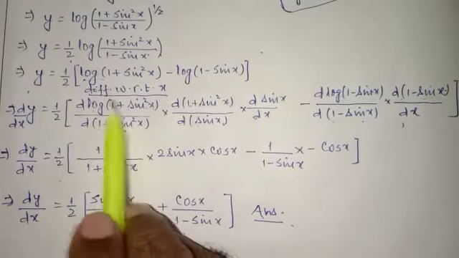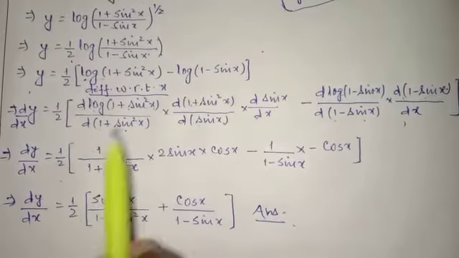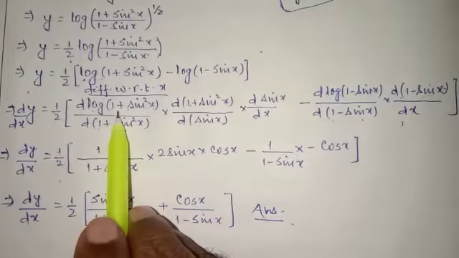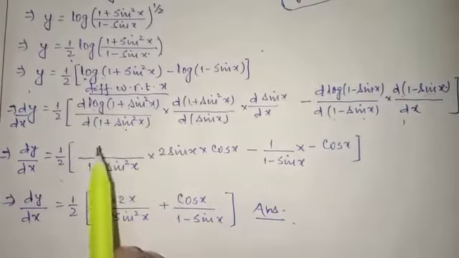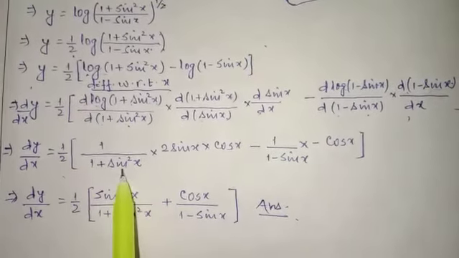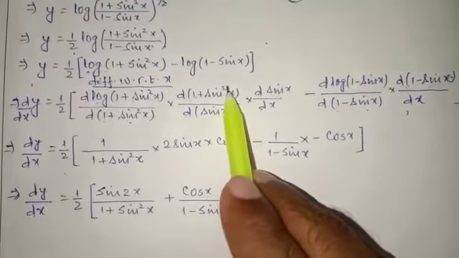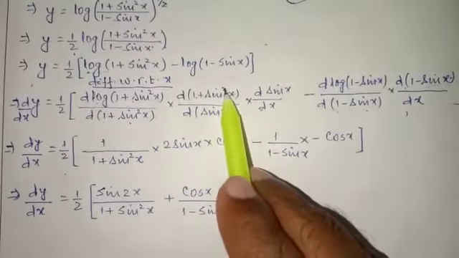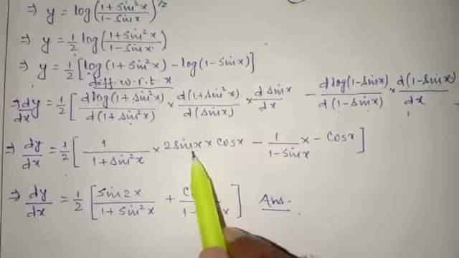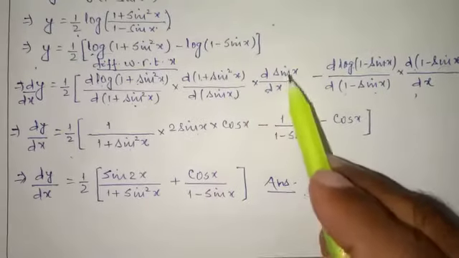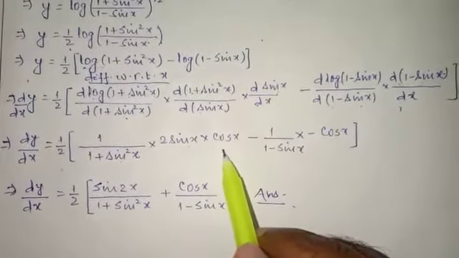Now differentiate. dy upon dx is equal to 1 by 2 is already here. Differentiation of log x is 1 by x, so 1 by, here x is 1 plus sin square x, so 1 by 1 plus sin square x. Now here we have the power, so differentiation of x square with respect to x is 2x, so it should be 2 sin x, and differentiation of sin x is cos x.